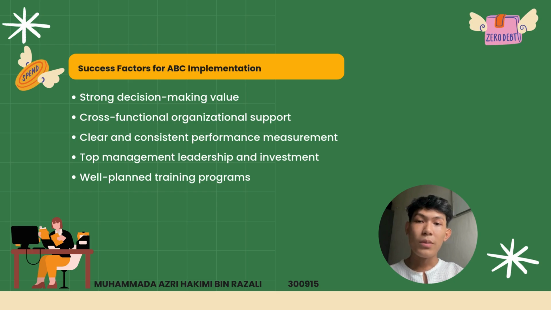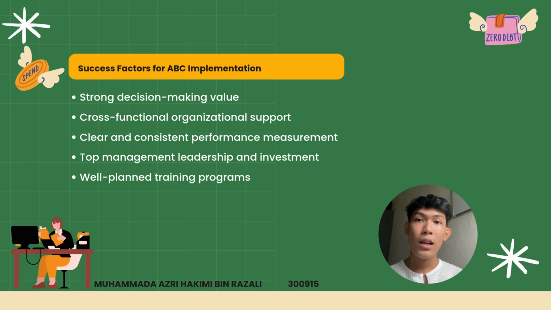Third, performance measurement plays a role. ABC works best when integrated with both financial and non-financial KPIs to track operational performance. Education and training is another vital factor. SMEs that provide sufficient training help their staff adapt and develop the confidence to use ABC effectively.